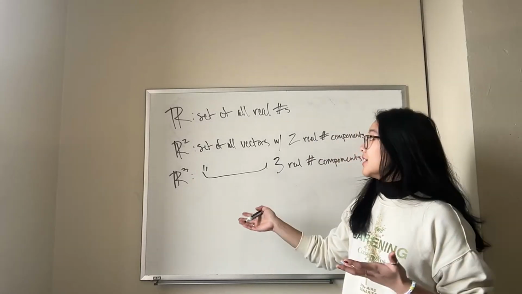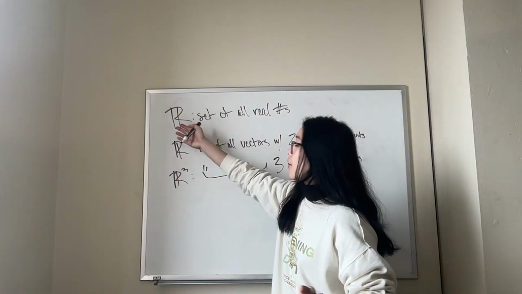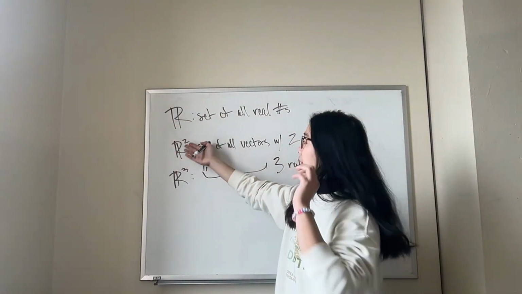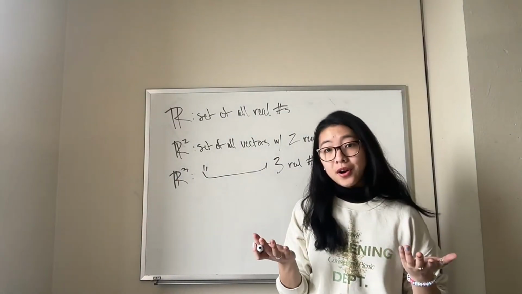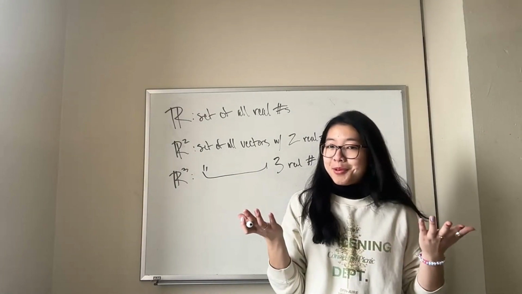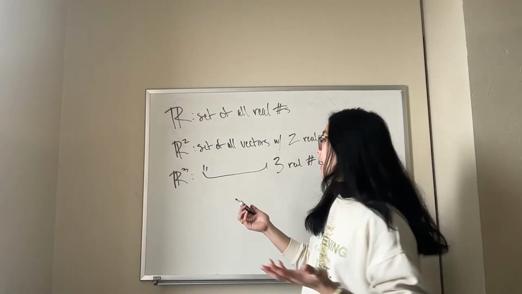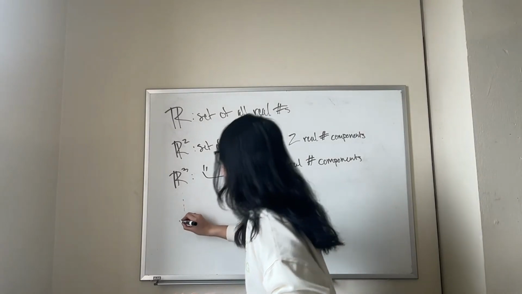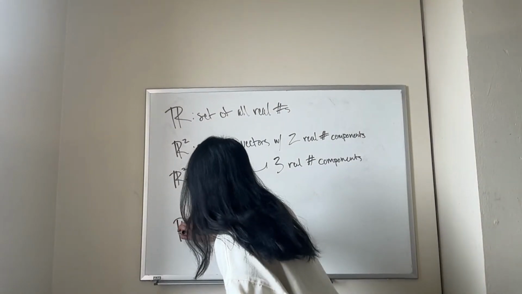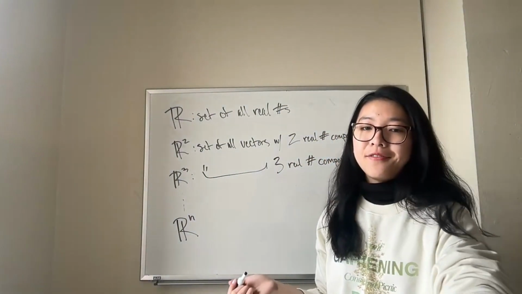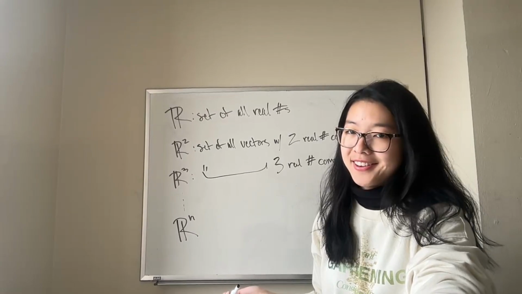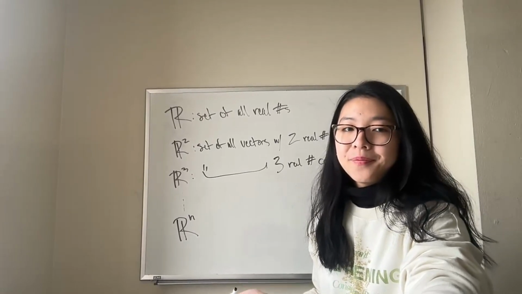And maybe you're starting to see a pattern where we have R, or you could say R1, and then R2, and then R3. What's next? R4, and then after that, maybe we have R5. Well, we actually have an infinite number of dimensions, and we can go all the way to Rn, which would be the set of all vectors with n real number components.